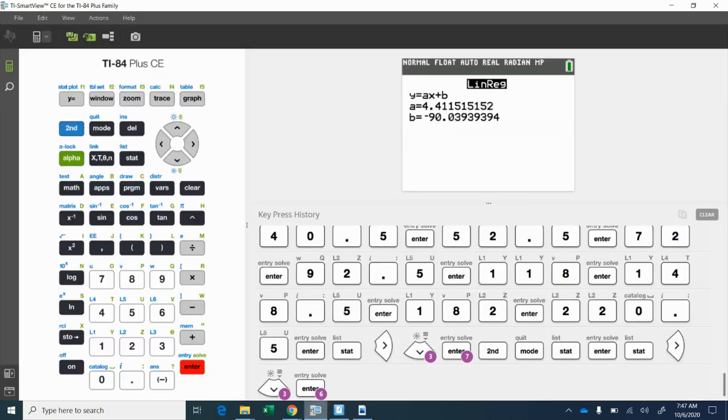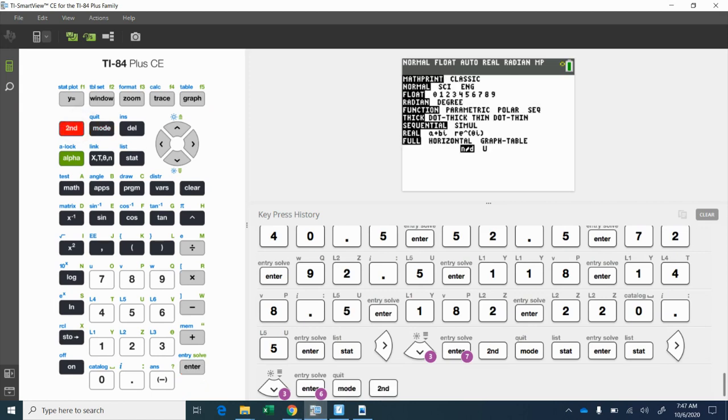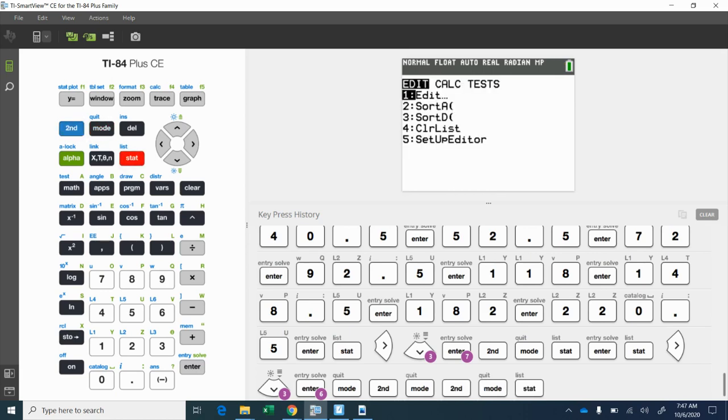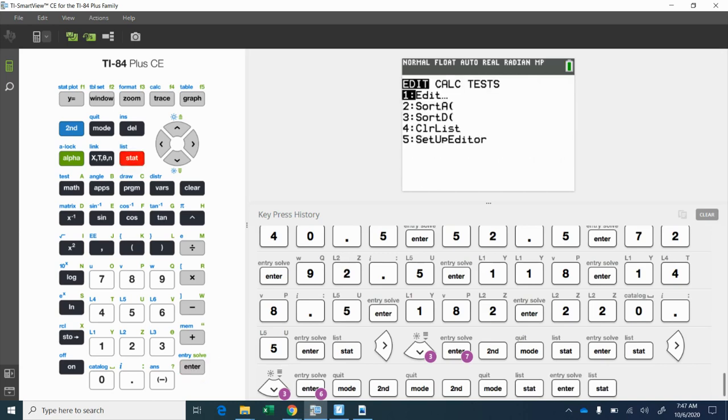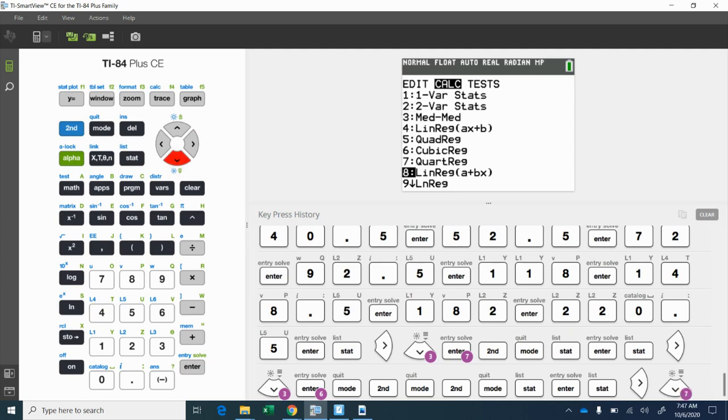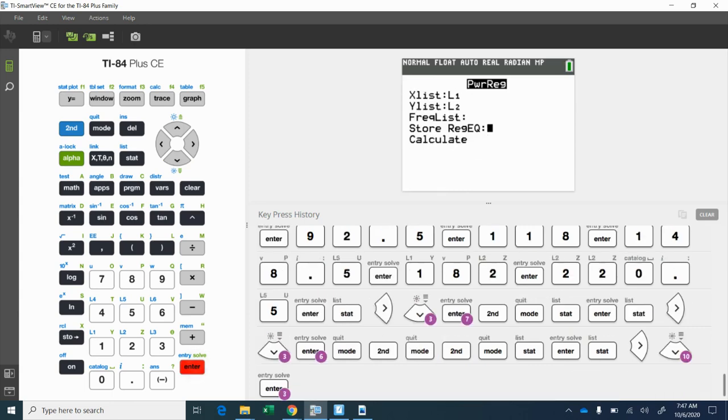Let's just say I went back to the same data. So there's our linear regression. We talked about how that really doesn't help us too much. Well, what if we took the same values, we go to stat, we have the same values already plugged in, speed and braking distance, and we went over here and did a power regression, which is all the way down at letter A. Well, if I follow the same path, notice what happens.